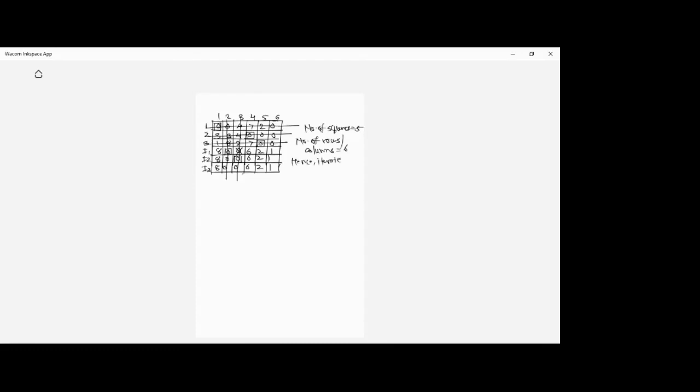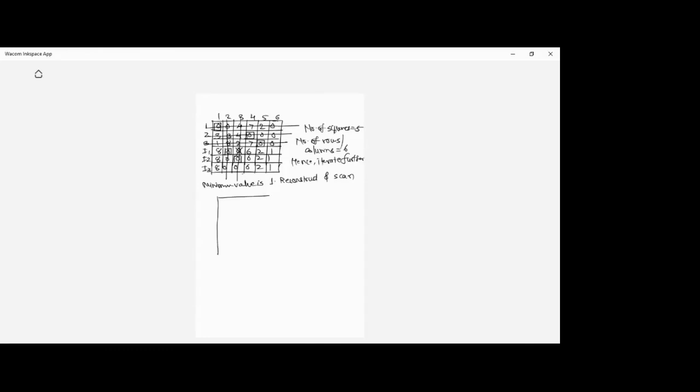Now the minimum value that we have in uncancelled cells is 1. So minimum value is 1, right? Reconstruct and scan, right? So reconstructing and scanning the matrix.